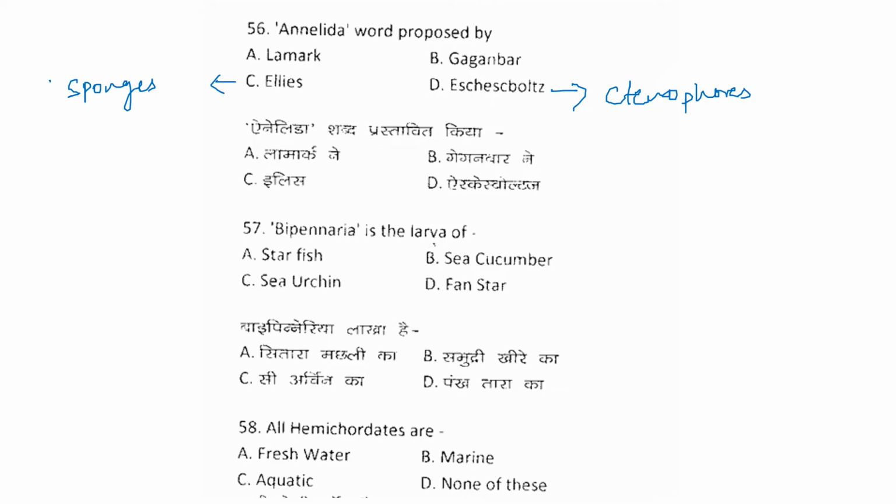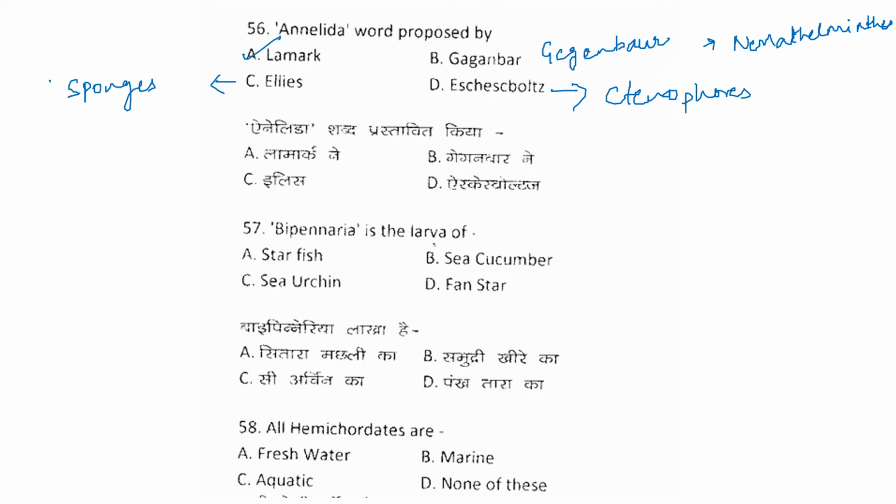And this Gagenbar, actually there's a mistake, it is actually Gegenbaur. So he proposed the term Nematohelminthes. And so the Annelida word was proposed by Lamarck.